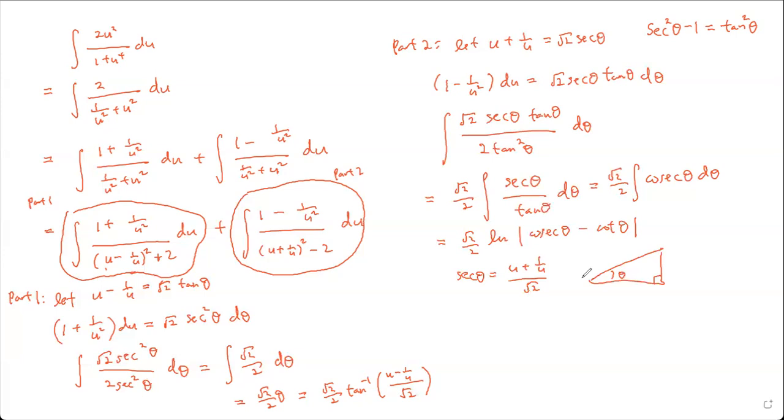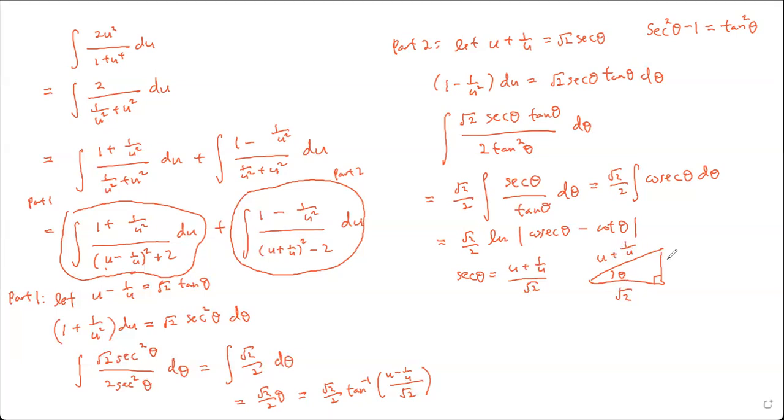Secant is 1 over cosine, so cosine would be root 2 over u plus 1 over u, adjacent over hypotenuse.